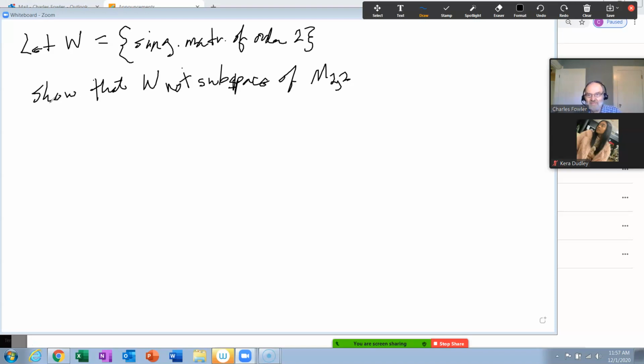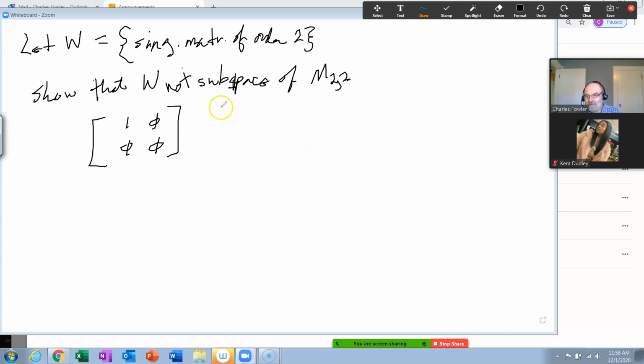So we need to come up with a singular matrix of order 2. I would suggest here's one: 1, 0, 0, 0. That obviously does not have an inverse. It's not invertible, because it has a row of zeros at the bottom.